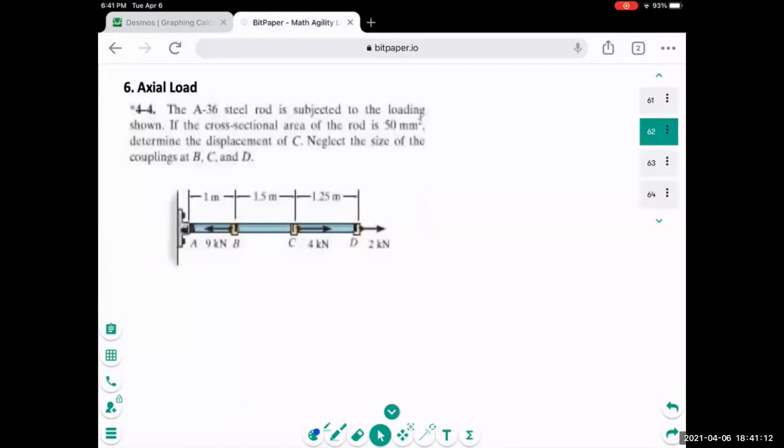If the cross-sectional area of the rod is 50 square millimeters, determine the displacement of C. Neglect the size of the couplings at B, C, and D. So given this figure, we will be solving the displacement of C. So I'll turn you over again to DJ to solve this problem.